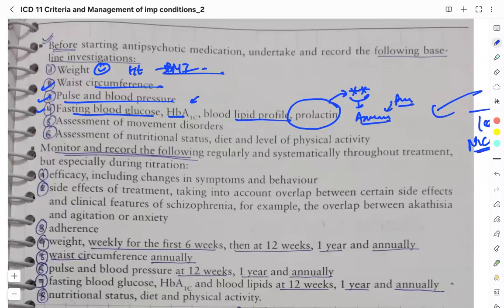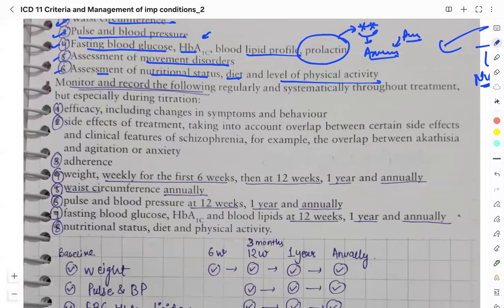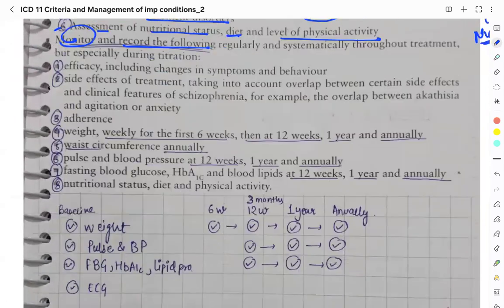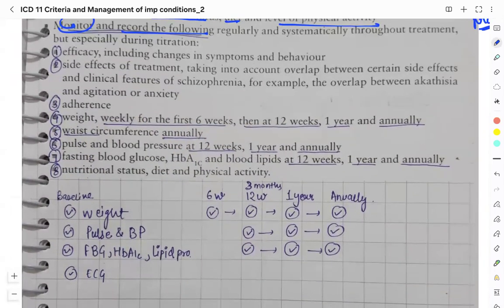All right. Then assessment of movement disorders, if any, and assessment of nutritional status, diet, and level of physical activity. All right. So before starting, record the following baseline investigations. Now, we have to keep monitoring and record all of these things. So I've made a small chart here and it covers nearly everything.